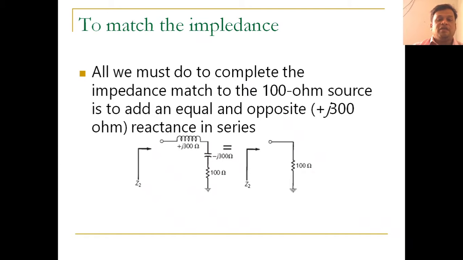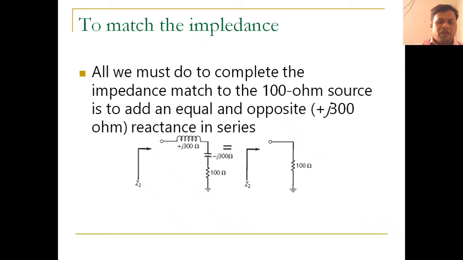Then the 300 and minus 300 ohms get cancelled. This is an inductive reactance and this is a capacitive reactance, XL and XC, having the same values. Subtracting them makes it 0, and the only remaining thing is 100 ohms.